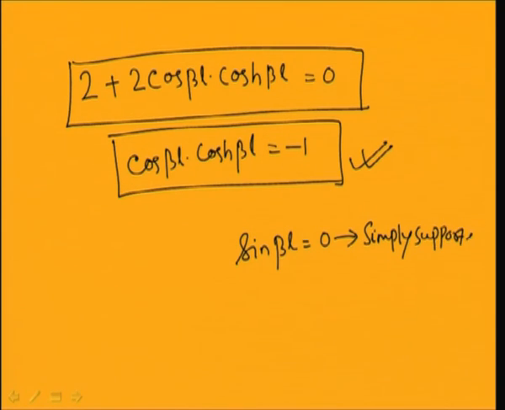This equation is very simple, and you obtained sin beta L equal to 0 equal to sin n pi, so beta L equal to n pi. But in this case you can note that this equation is not so simple. You have to solve this equation numerically to obtain the value of beta L.